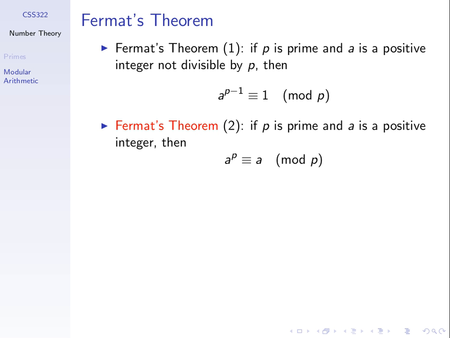Fermat's theorem: a to the power of p minus 1 is equivalent to 1 in mod p. And a variation of that, if p is prime and a is some positive integer, a to the power of p is equivalent to a, mod p. We can see the relationship between them.